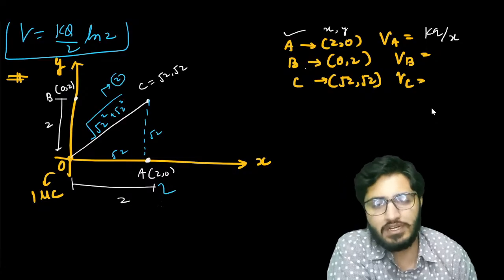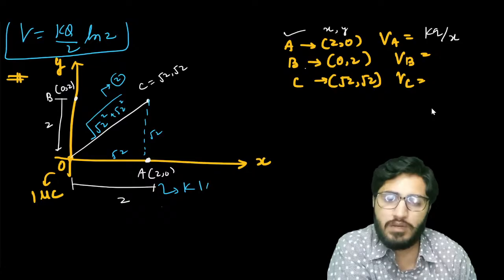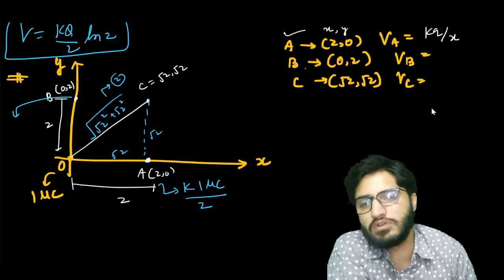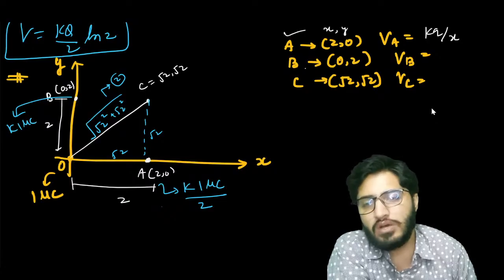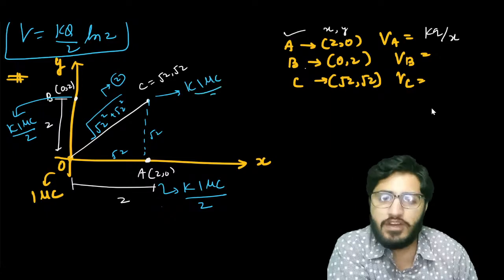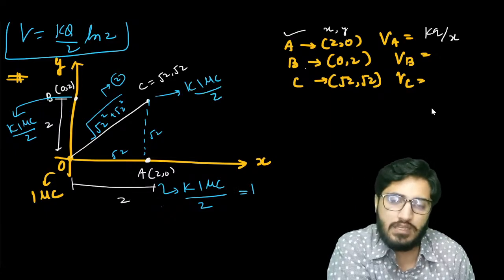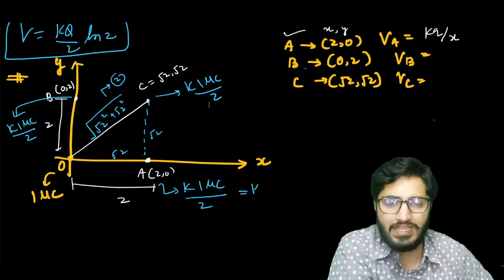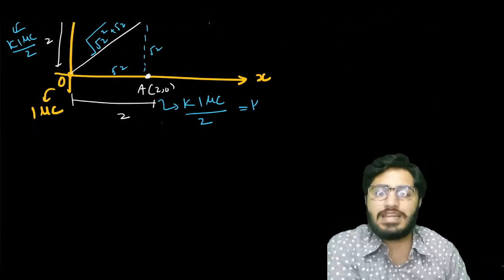What is the potential here? K, Q. Q is 1 microcoulomb divided by distance 2. Here also it is K times 1 microcoulomb divided by 2, and here it is K times 1 microcoulomb divided by 2. So the potential at each point is the same.